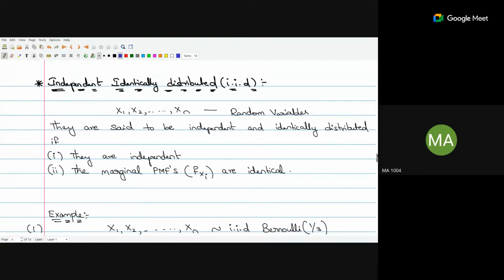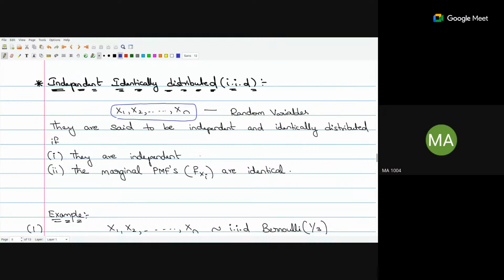So when I talk about IIDs, it means if I have some random variables x1 to xn, they are said to be independent and identically distributed if all of them are independent of each other. So x1 is independent of x2, x3 to xn, x2 is independent of x3, x4 and xn. Any two random variables you pick, they should be independent.